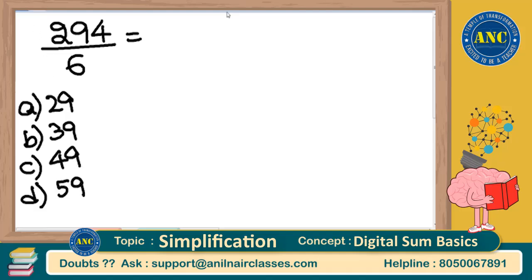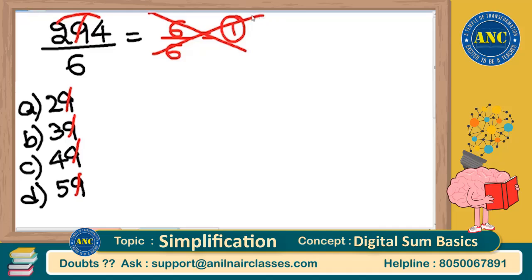Suppose I directly apply digital sum: 9 is cancelled, 2 plus 4 is 6. 6 divided by 6 I will get as 1. There is no option which is having digital sum 1, but one of these 4 options is definitely correct. So whenever it is division, you cannot directly divide like that and get the answer.